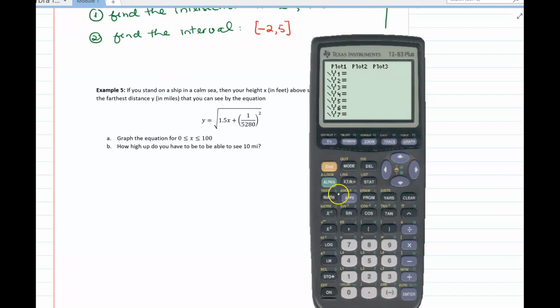So let's enter this equation. And be careful of order of operations. Okay. And let's take a look at the graph.